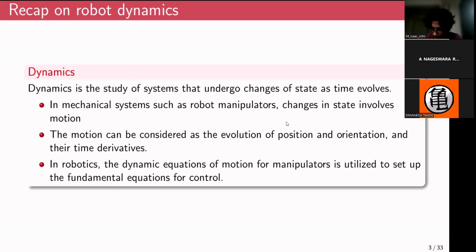In robotics, the dynamic equations of motion for a manipulator are utilized to set up the fundamental equations of control.